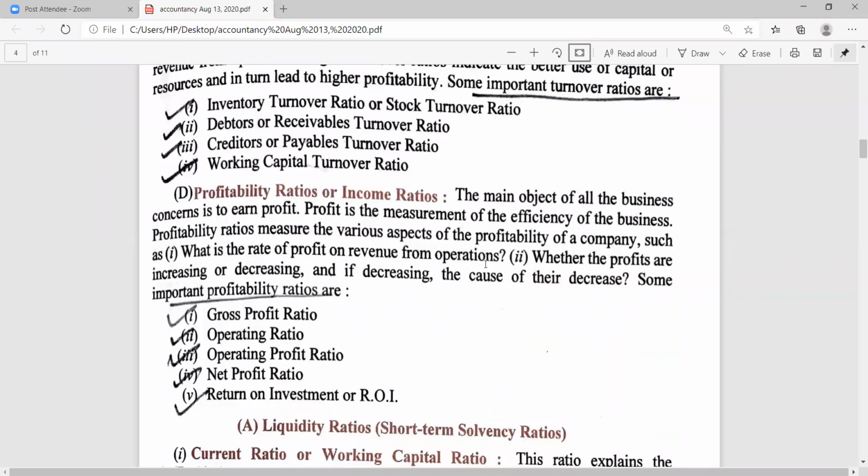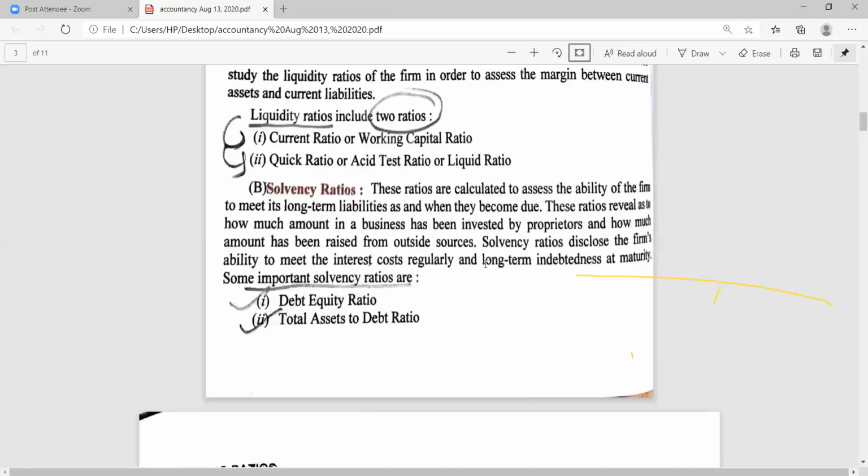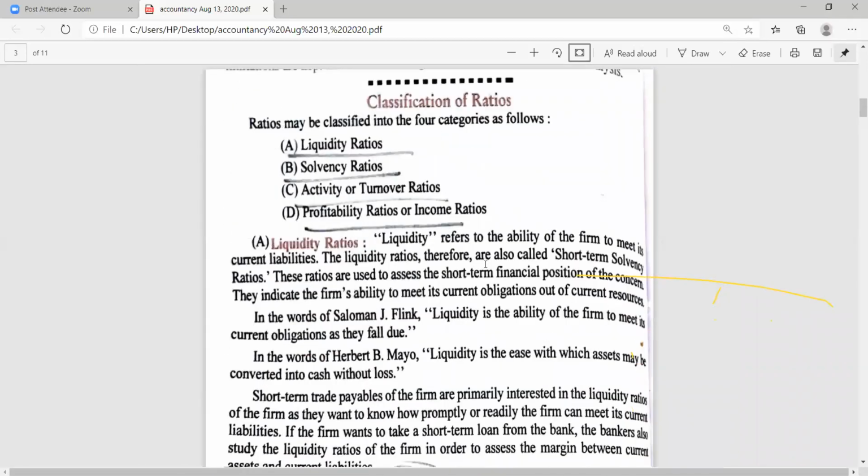I hope everybody is ready with their flow chart or tree showing the classification of various ratios. Please look at the classification very carefully, then turn by turn we will start the explanation of each type of ratio analysis. We will start with the liquidity ratios.